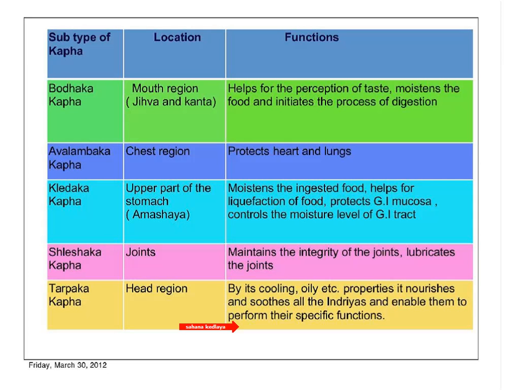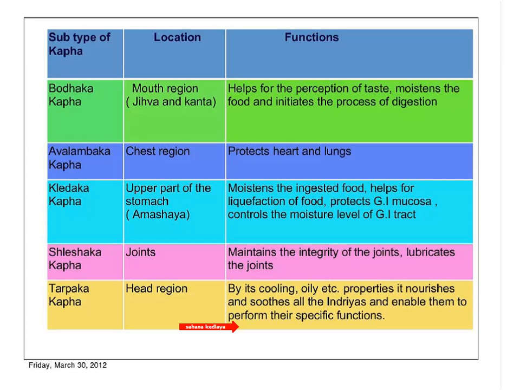If the Tarpaka Kapha is low, then the person might suffer from symptoms like dry eye syndrome, where the eye becomes all dry with a burning sensation, then the dry mouth or the dryness in the ear, etc. And if the Tarpaka Kapha becomes excess, then the person might feel excessive watering of the eyes or excessive salivation, etc.